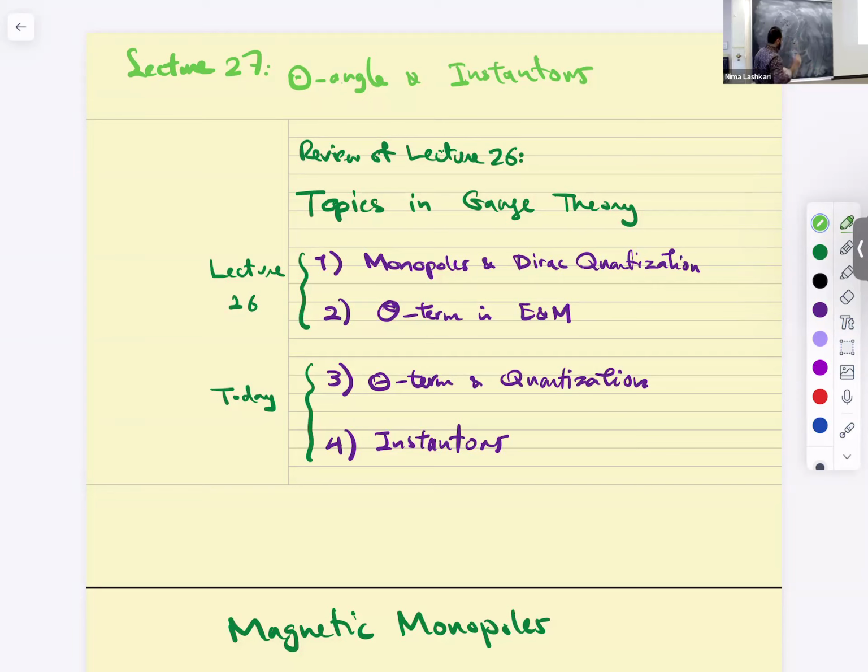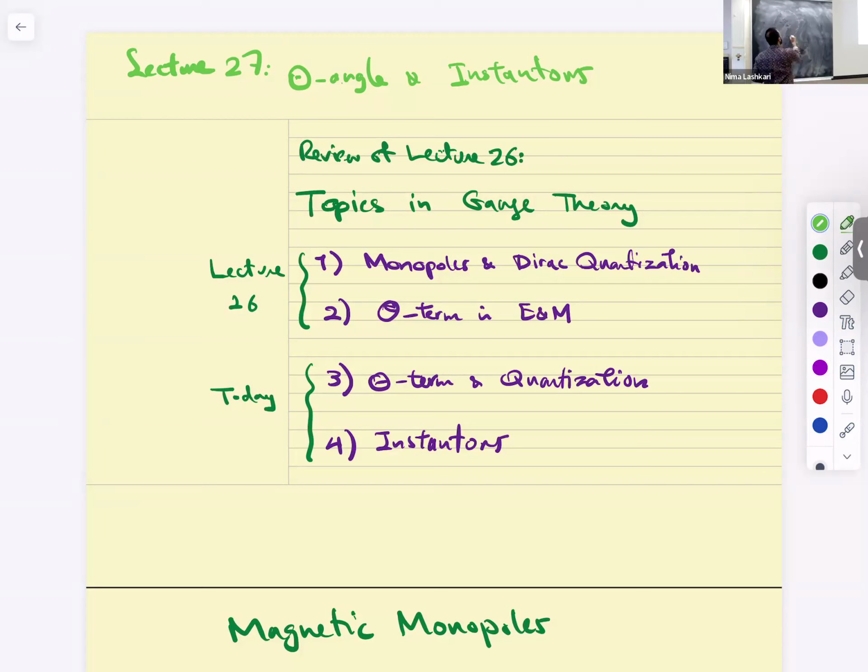So let me clarify that again. The physical thing is the magnetic field and E, right? F mu nu. At every point here along this path, F mu nu is 0. But the result of this integral depends on this part, right? And that had to do with that. To fix that, we introduced this degree of freedom A mu. A mu had a gauge freedom, right?